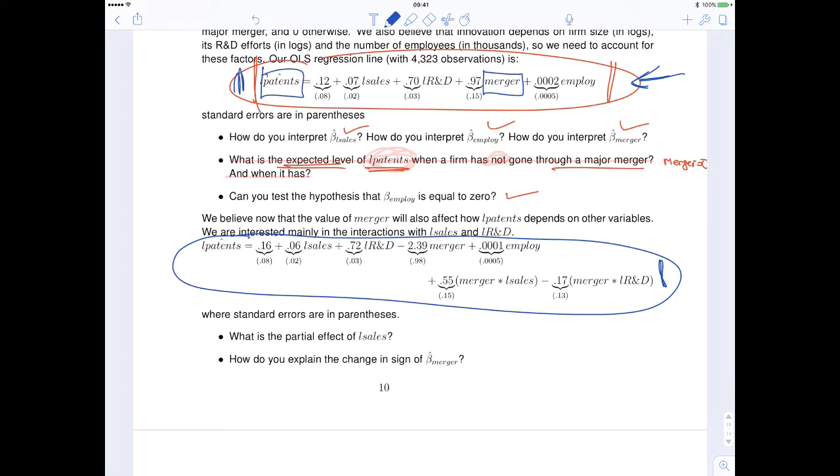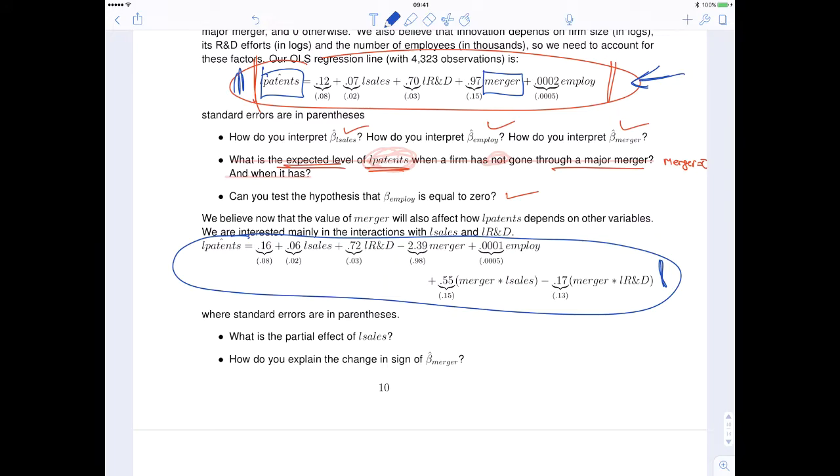In English, that first model. Because merger only enters once as a dummy variable, that model is telling you that you believe this merger is affecting patents, but it's affecting them the same regardless of the level of R&D, sales, or number of employees.